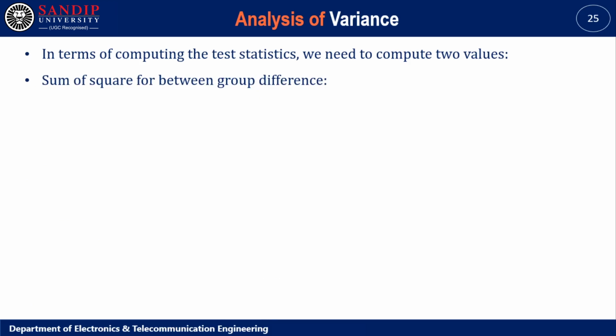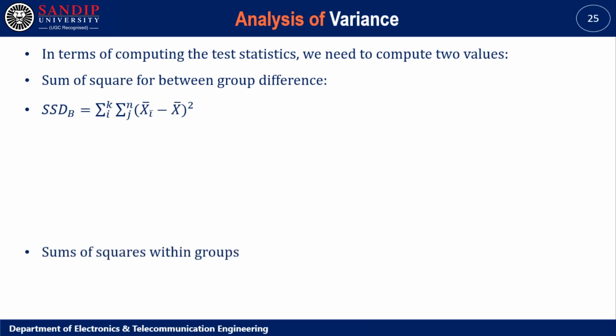In terms of computing the test statistic, we need to compute two values. Sum of squares for between group difference, that is SSD_B, equal to summation of i to k, summation of j to n, (x bar sub i bar minus x bar) whole squared.